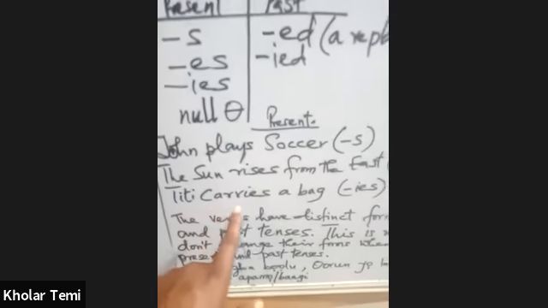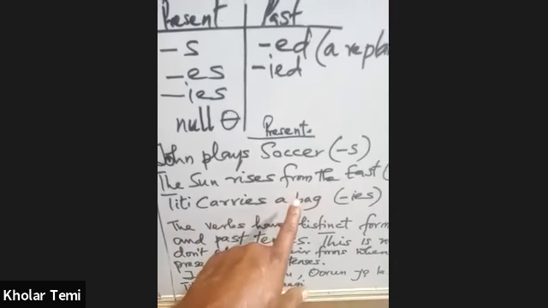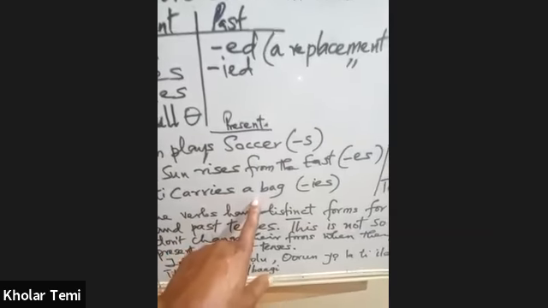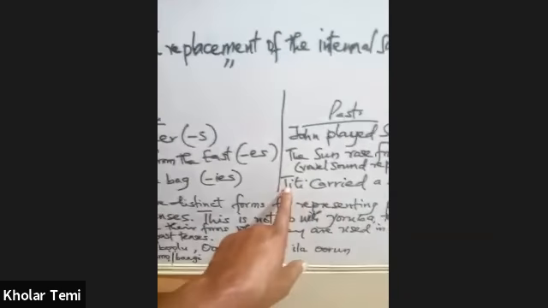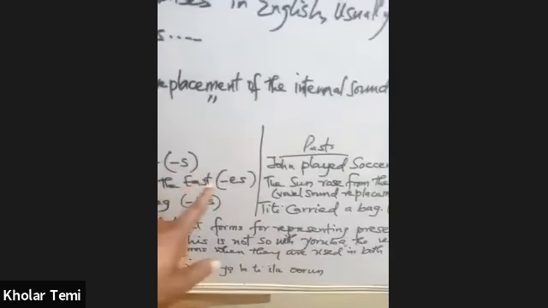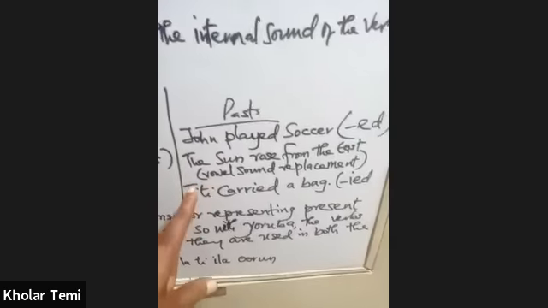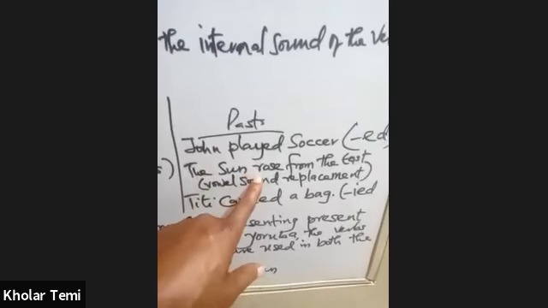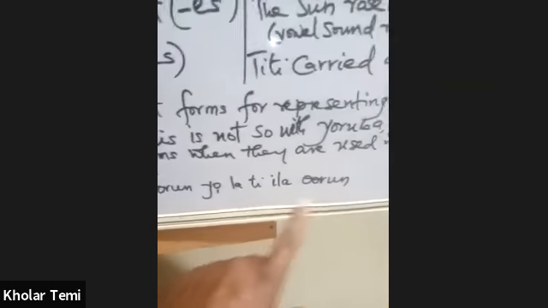So look at this. Titi carries a bag. So IES. Titi carries a bag. The past tense: Titi carried a bag. The sun rises from the east. The past tense will not be the sun rose from the east. But Yoruba, we just tell you, Òòrùn yọ láti ìlà oòrùn.